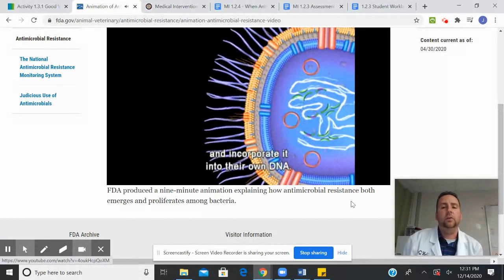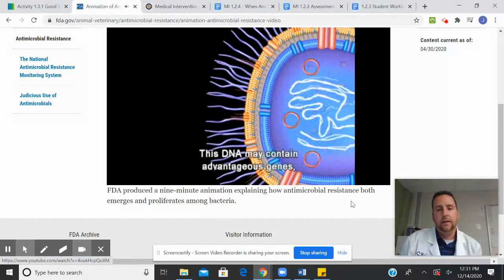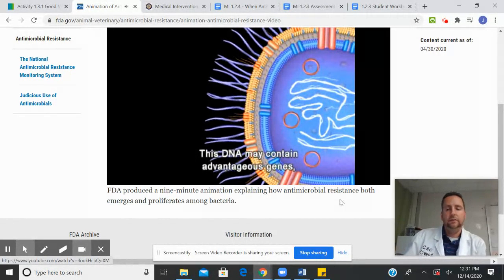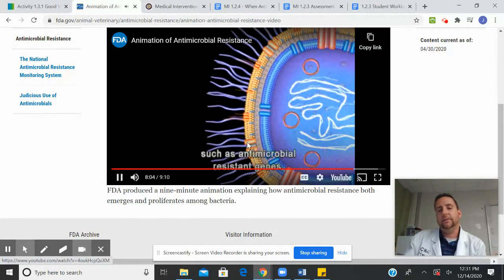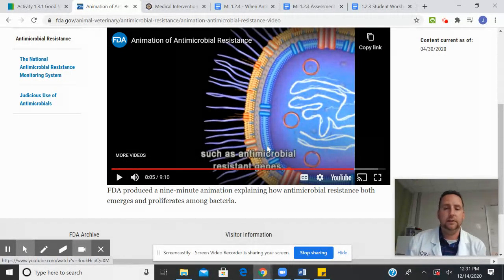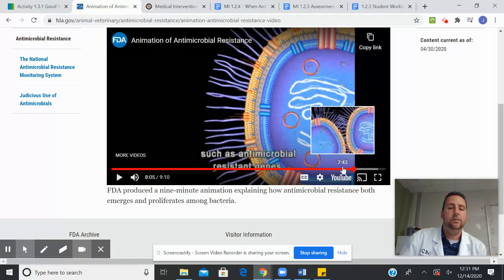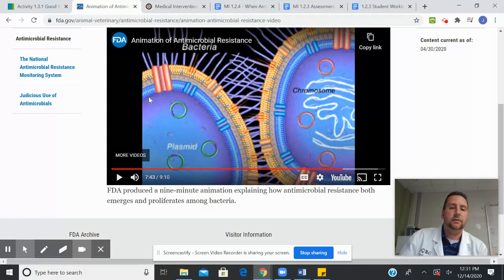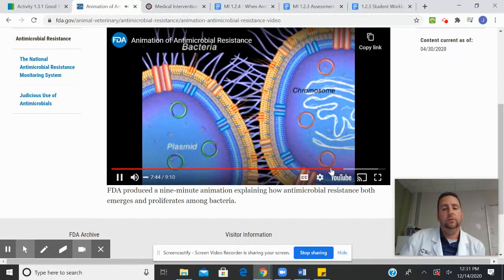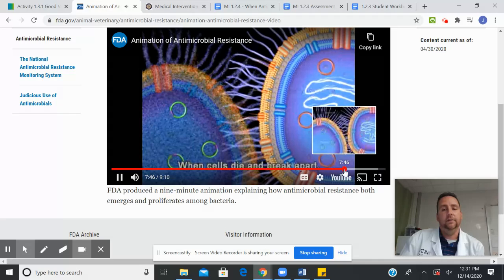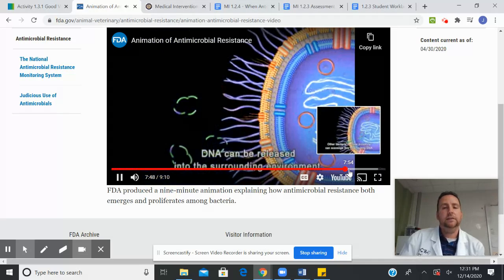And it may incorporate that into its own DNA. And if it has a gene that's helpful, if it's an antibiotic resistance gene, then that gene may get incorporated into its DNA. Whereas previously, maybe this bacterium was resistant and this was not. Now it picks up those resistance genes, maybe on these plasmids, and is able to incorporate them into its own DNA. Okay, so that's transformation.